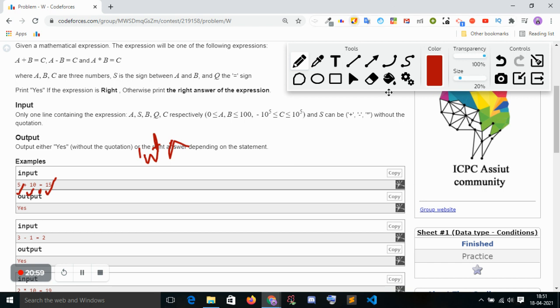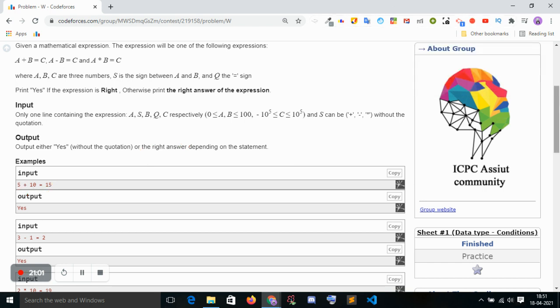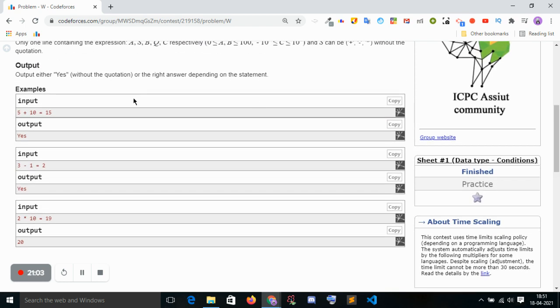It's a similar problem. You have to check whether it is correct or not. Like 5 plus 10 equals 50, is it right? No. If it is not equal, like 2 into 10, it should be equal to 20, but it is not here, so you should print the correct answer. The question is that. So 2 into 10 is not equal to 19, so you should print the correct answer.